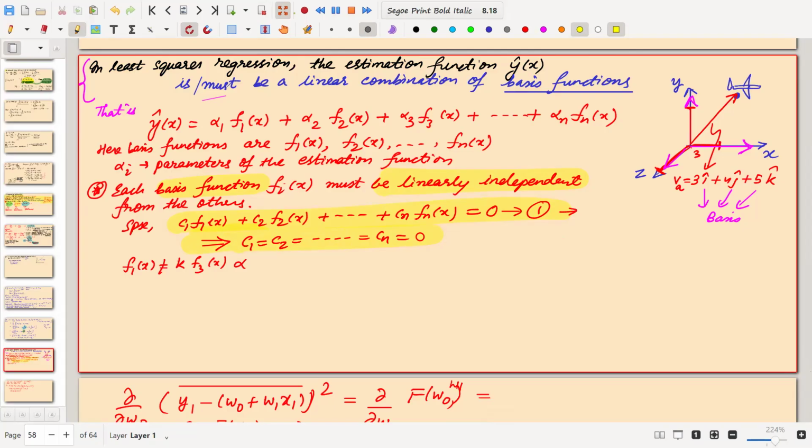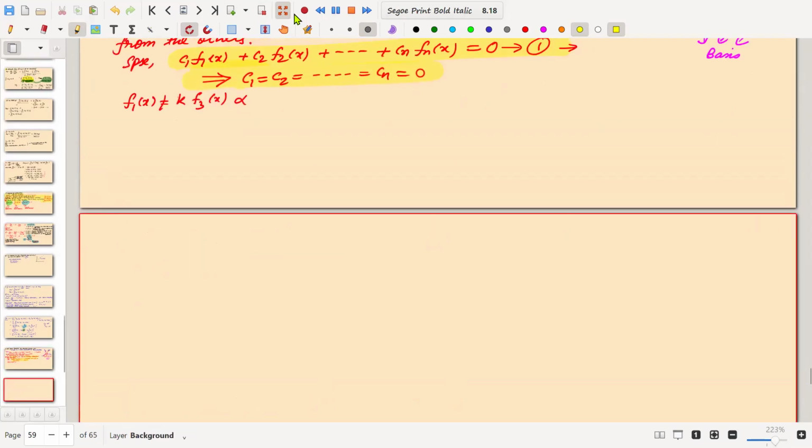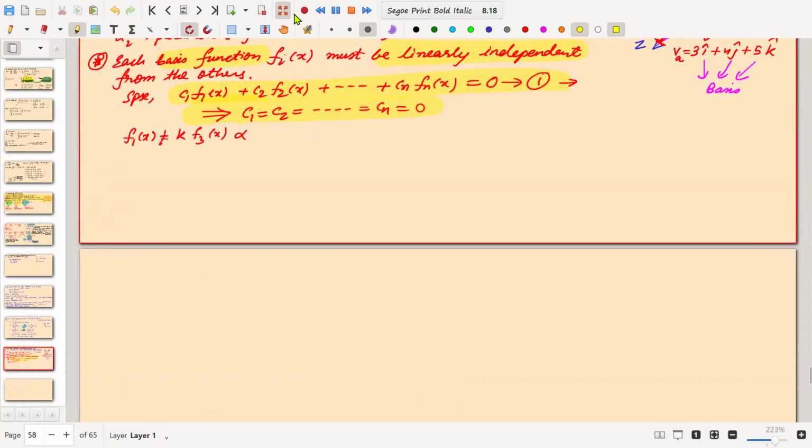Good. So now let us enumerate the data points. How many data points do we have? Enumerate the data at each xi. What do I mean by that?